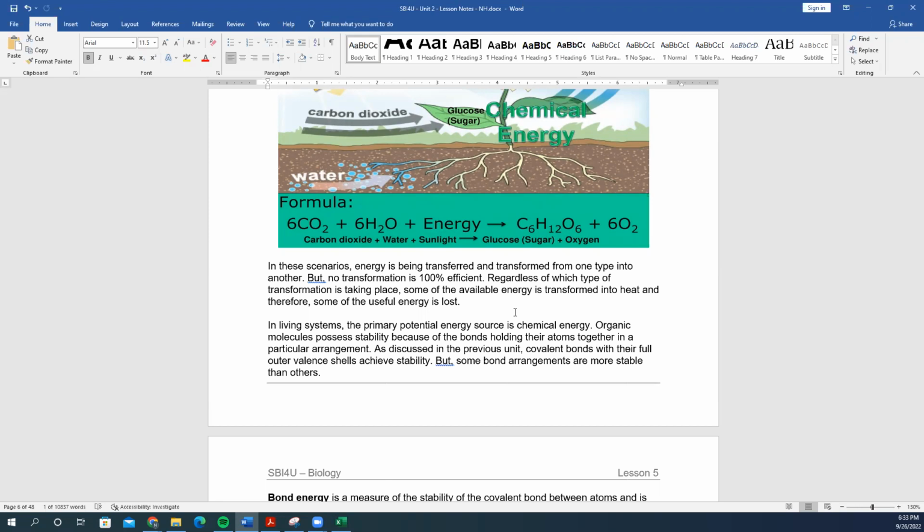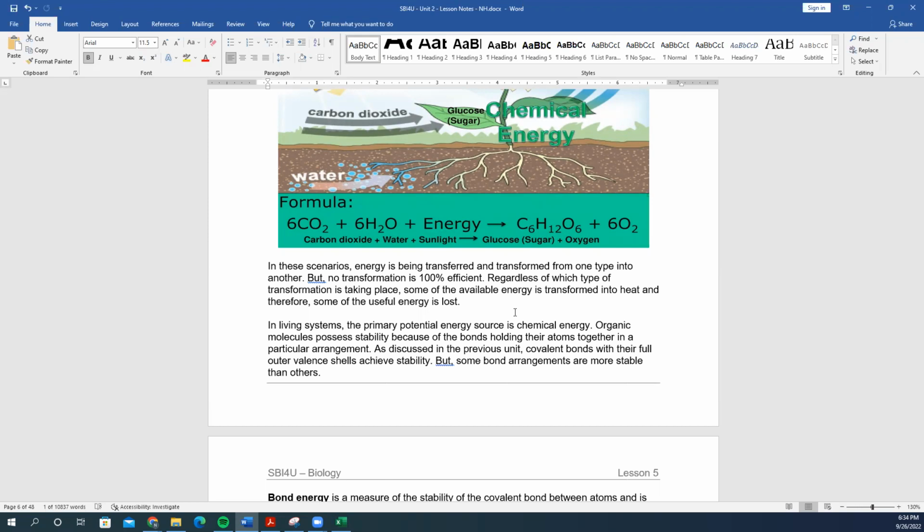But keep in mind that never do we have 100% efficiency in any of these energy transformations. Regardless of what type of transformation is taking place, some of that available energy is transformed into heat. And so in a way, some of that useful energy will be lost in the form of heat.